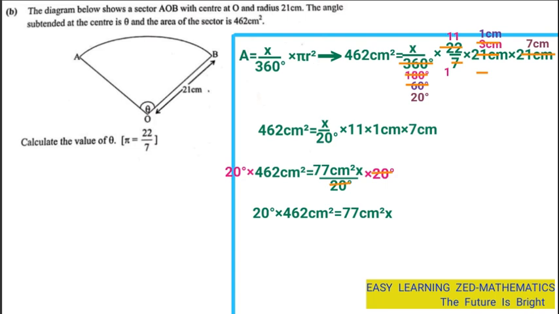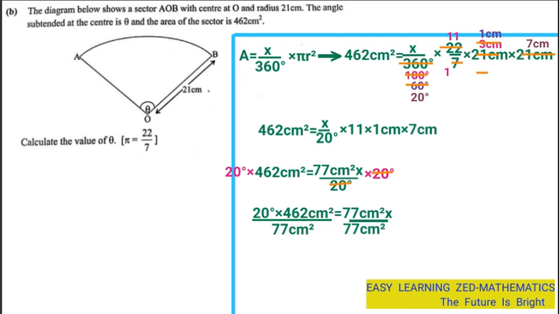Okay, once I've remained with that, the next thing I'm going to do is divide both sides by 77 centimeter squared, because I want to remain with the x. So I'm going to say divide by 77 centimeters squared, and the other side 77 centimeters squared. Okay, I'm sure you know this.